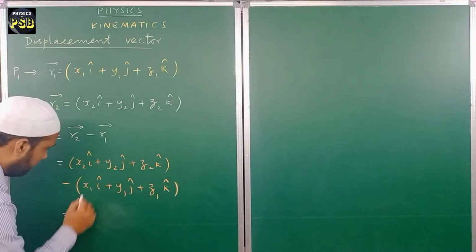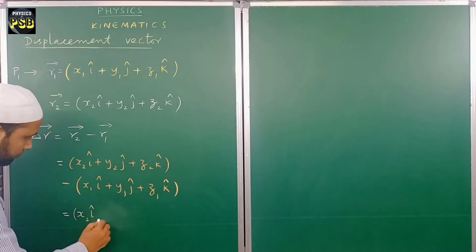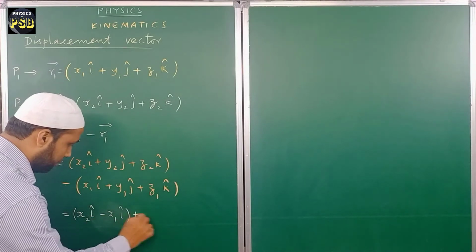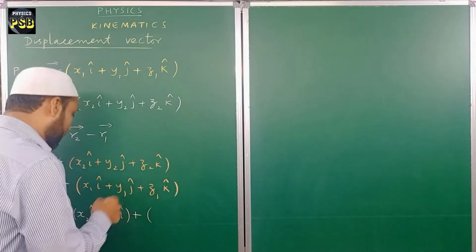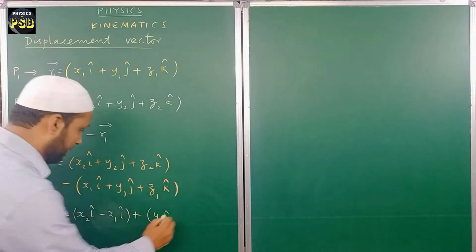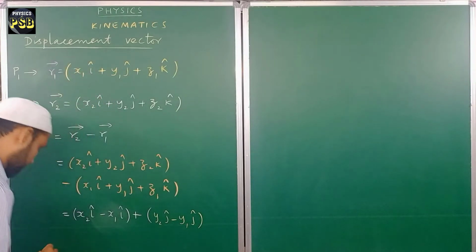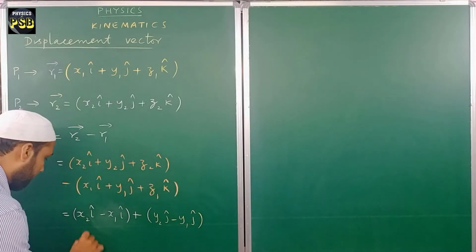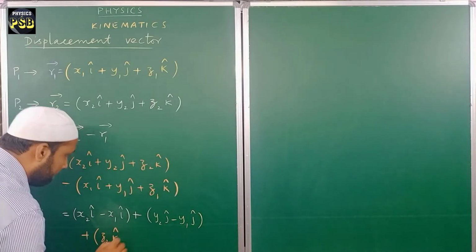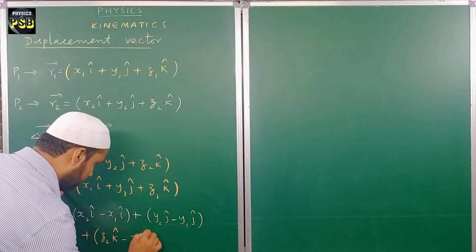Okay, I take these two terms, x2 i cap, then here minus x1 i cap, plus y2 j cap, here minus into plus is minus y1 j cap, plus z2 k cap, minus multiplied with plus is minus z1 k cap.